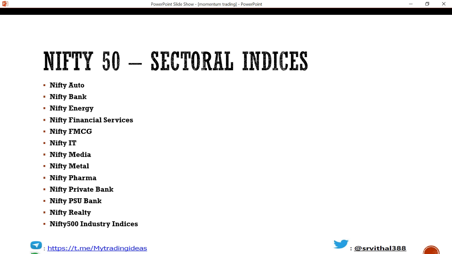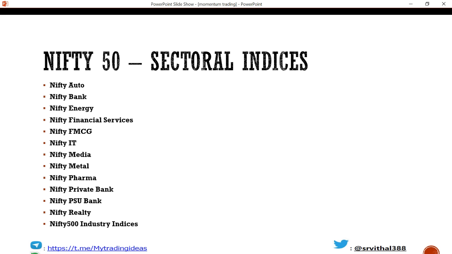So these are the constituents of Nifty 50 which I consider for analysis purposes: auto, bank, energy, financial services, FMCG, IT, media, metal, pharma, private bank, PSU bank, realty. And I also consider Nifty 500 as the overall gauge of what is happening in the equity markets.